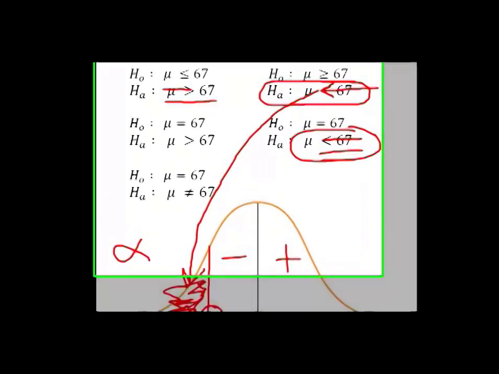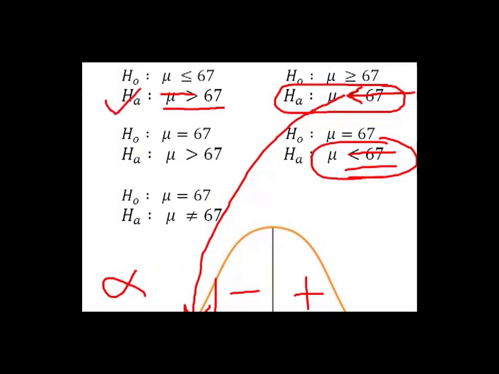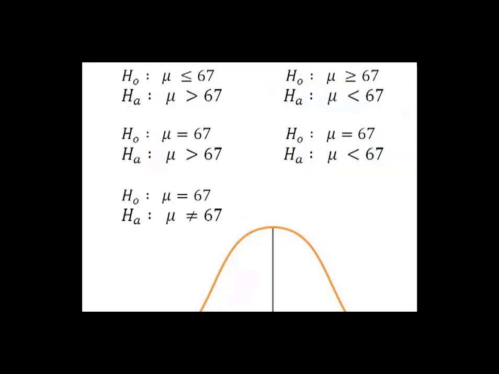Remember that because this, and this are all one-tailed tests, what do we know about the value of our alpha? Remember, it's only in this two-tailed test where we take alpha and divide it by 2.